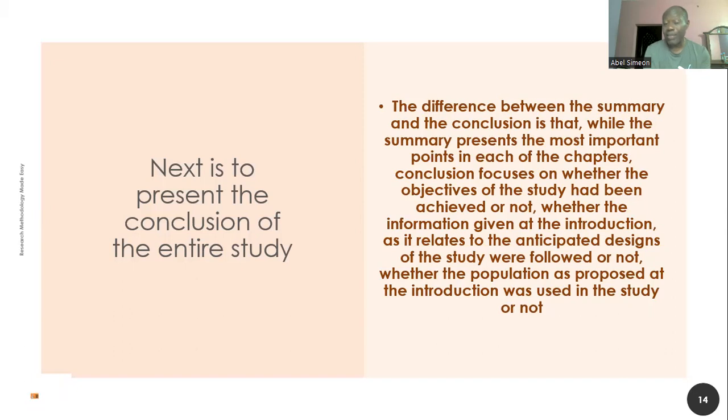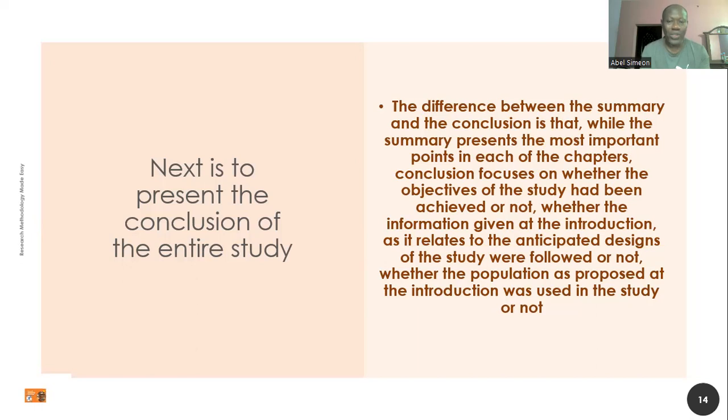After picking the most important points in a chapter, that is a summary. The conclusion focuses on whether the objectives of the study had been achieved or not, whether the information given at the introduction as it relates to the anticipated designs of the study was followed or not, or whether the population that was proposed at the beginning of the study was used or not.